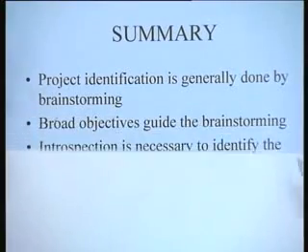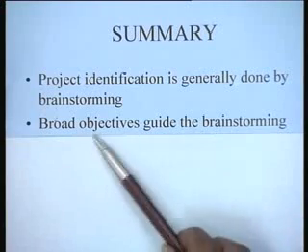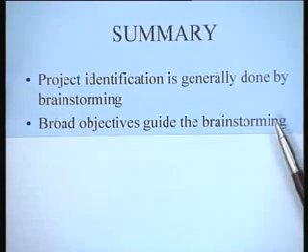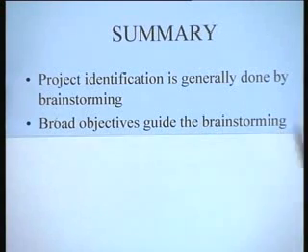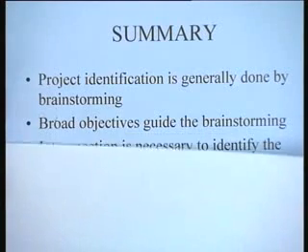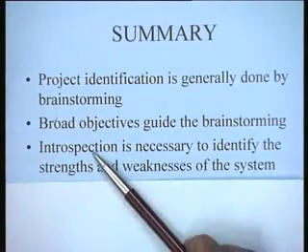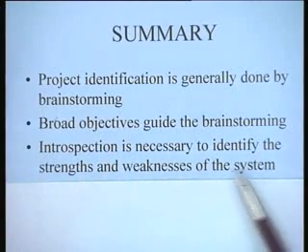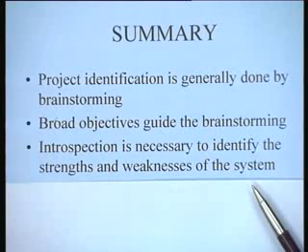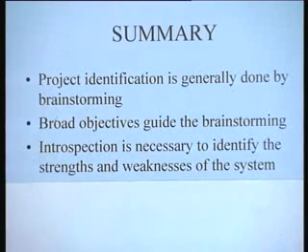Then the broad objectives guide the brainstorming. What you want to achieve, that will obviously guide the brainstorming process. Introspection is necessary to identify the strengths and weaknesses of the system, right? I think this is clear.